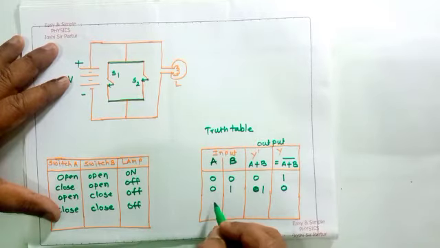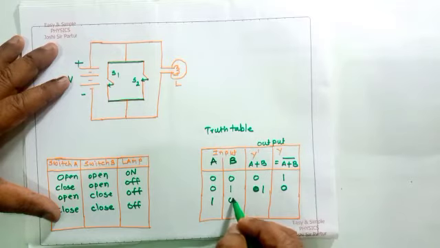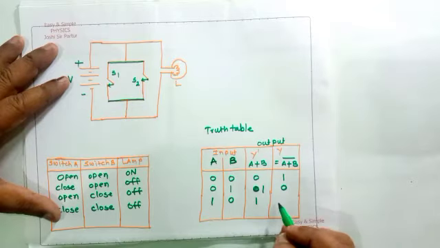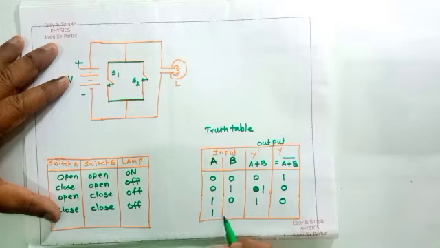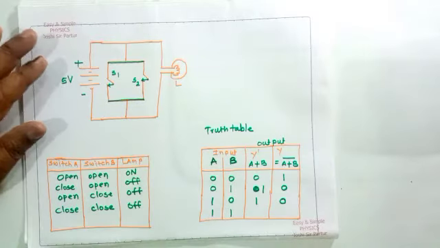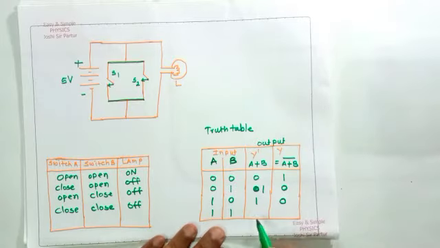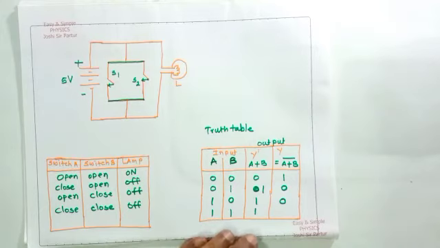When input A is 1 and input B is 0 or low, output Y dash will be high and the complement, output Y, will be low. When both inputs A and B are high, Y dash output will be high and its complement will be low.